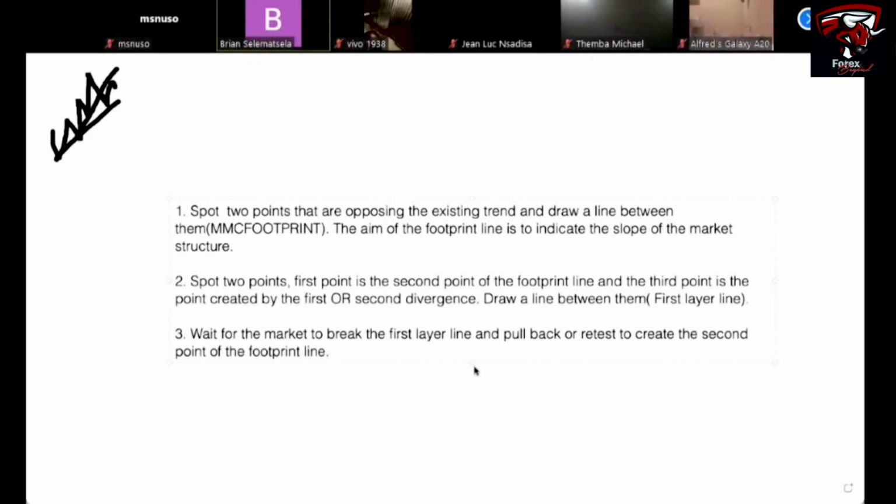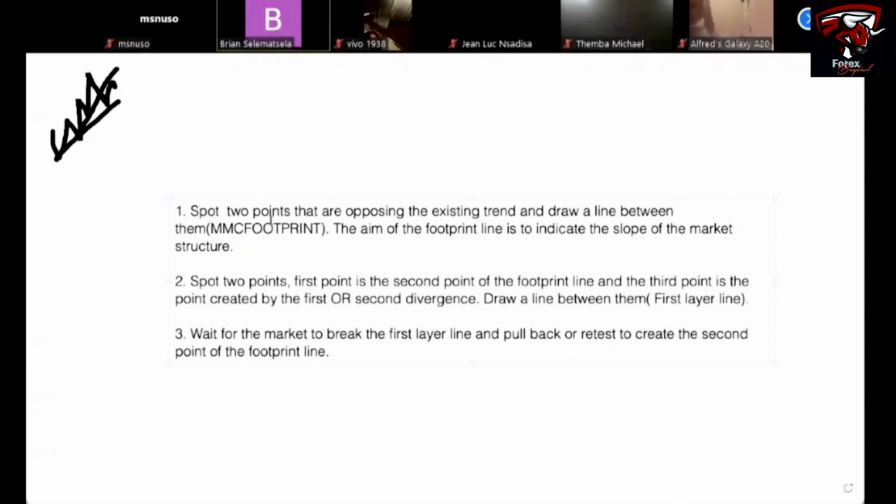What I mean here is that when you wait for the market to break the first layer, we know for a fact that the market doesn't move in a straight line, so you just have to wait for it to come and break the first layer. After it breaks the first layer, you wait for it to create the pullback, and that pullback will form the second point of the footprint line.